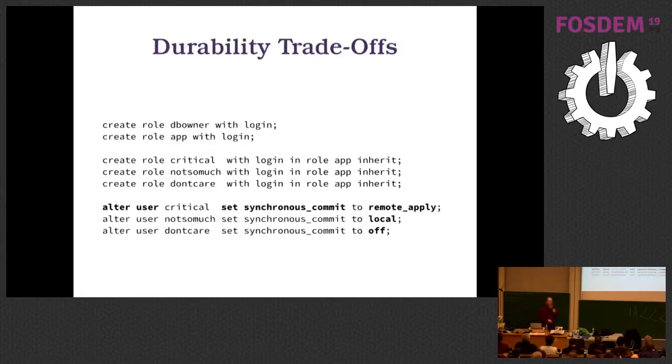NoSQL systems also usually are good at implementing durability trade-offs. And in PostgreSQL, you can set synchronous commit to different values. What people don't realize often is that synchronous commit is a per-transaction setting. So you can have in the same PostgreSQL system in production at runtime some workload that is critical and uses remote apply, which means we only tell the user it's okay if we know it's been applied to a standby replica.